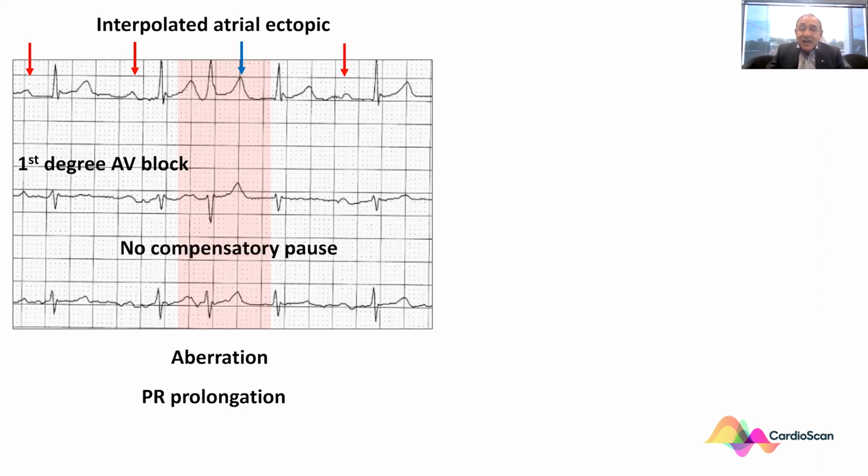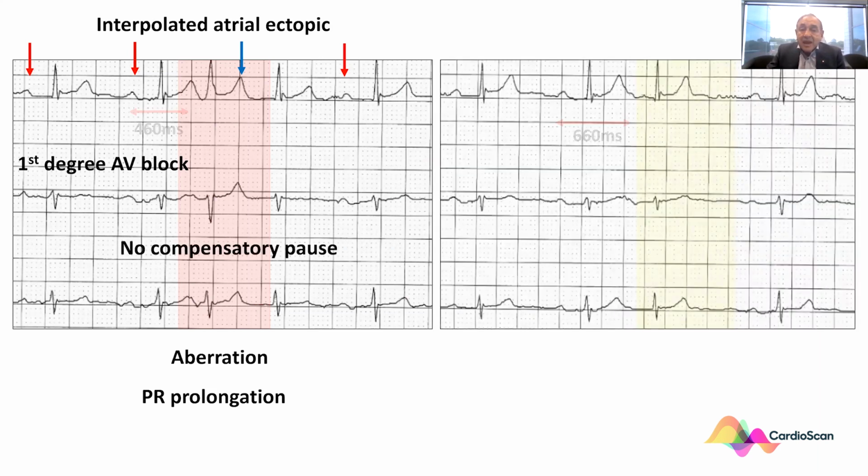In comparison, the atrial ectopic with the compensatory pause on the right, yellow highlight, now it has a compensatory pause. The reason for the difference between the two lies in the timing.